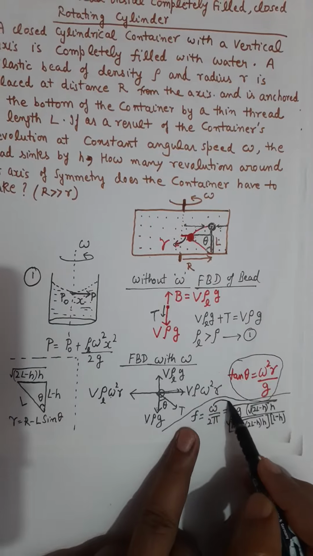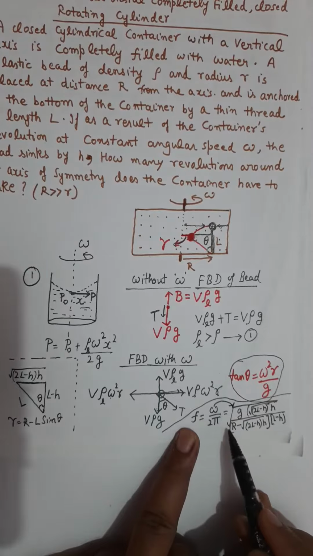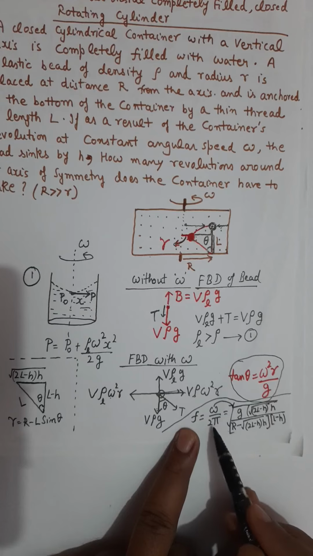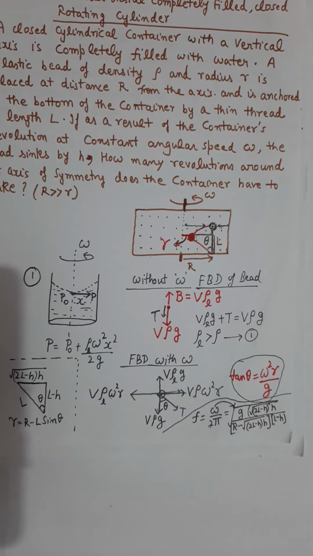Remember, this is the value of omega. This is not the value of frequency. The whole expression in the square root factor is the value of omega. You have to divide it by 2 pi, and then frequency will be obtained in this question.